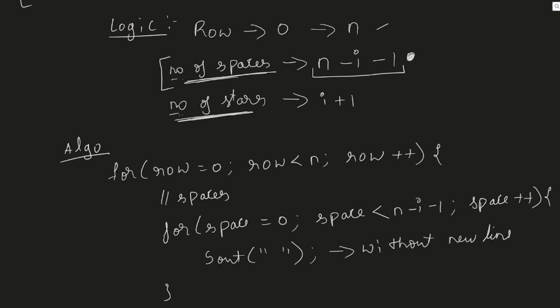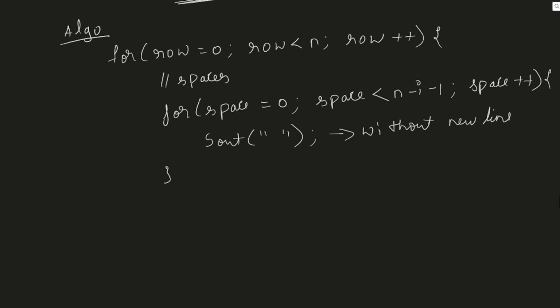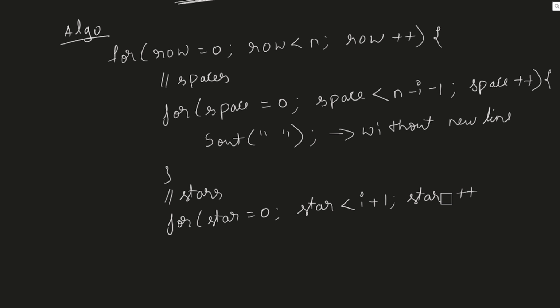Now we need to print the number of stars for that particular row. Stars, one more for loop. Star starts from 0, star goes till I plus 1. We've already discussed this logic. Star plus plus. Again print star without new line.